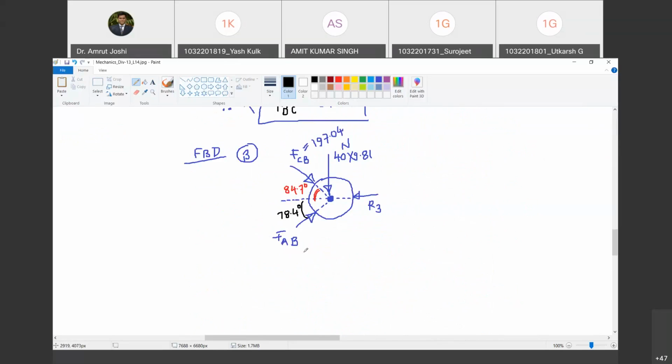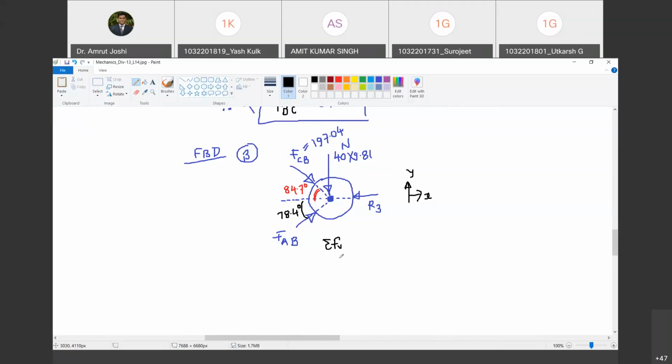So can we go ahead with the equations now? Which equation are we going to apply first? Whichever you apply, it would be the same, because both have unknowns. In the vertical one, only FAB is coming. Yes.